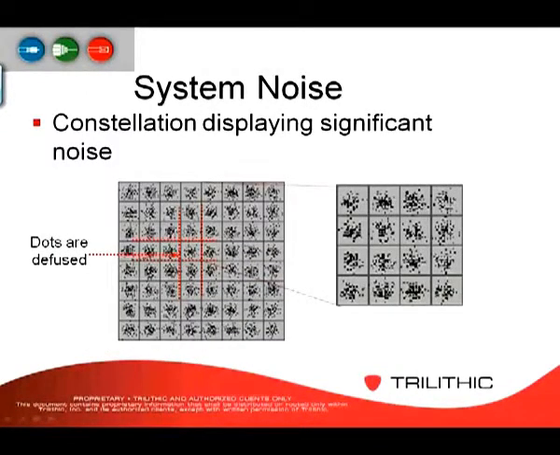System noise is a type of incoherent interference. If you look at the diagram here, you can see where the bits are pushed away from that ideal cluster of dots in the center of the decision boundaries. It's pushed away from there, and that could come from system noise, just noise in the system itself.